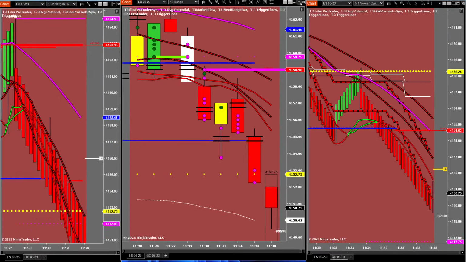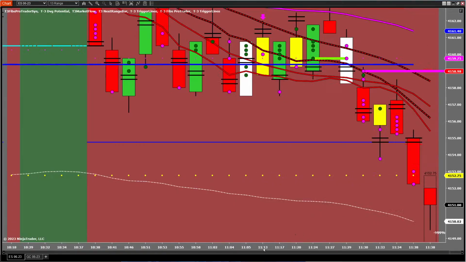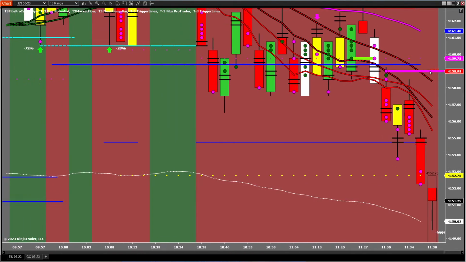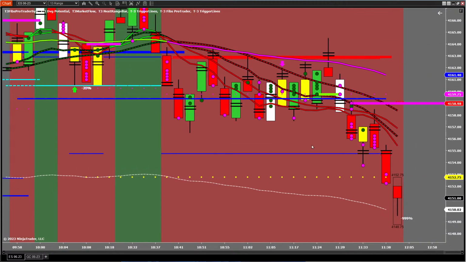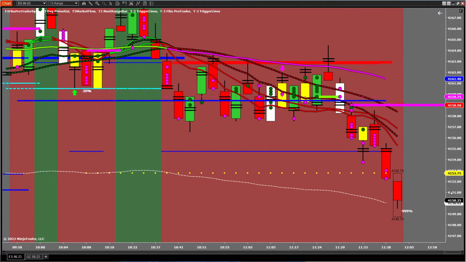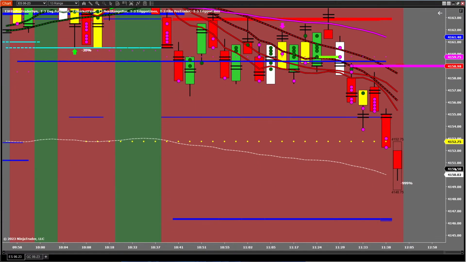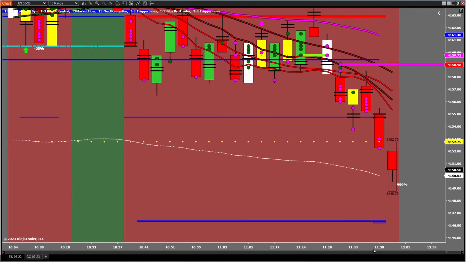Again, you never know what's going to happen, but remember when I said that we want to make sure that our trigger lines are going up or we close above them. Obviously, you can't trade into a fib. So now look at how far we are away from doing long signals.